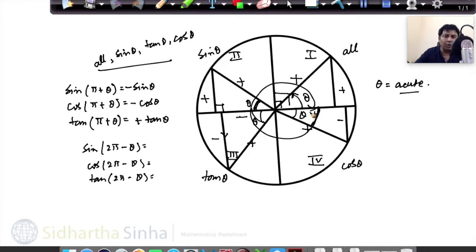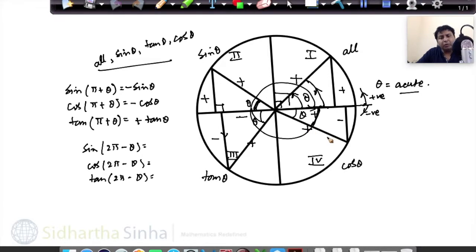One thing you should know is that angle is always taken in the anti-clockwise manner, moving from the positive direction of the x-axis. You start your angle from the positive direction of the x-axis and move anti-clockwise; then the angle is considered positive. However, if you go clockwise, the angle will be considered negative. So 2 pi and then minus theta means a clockwise acute angle theta.